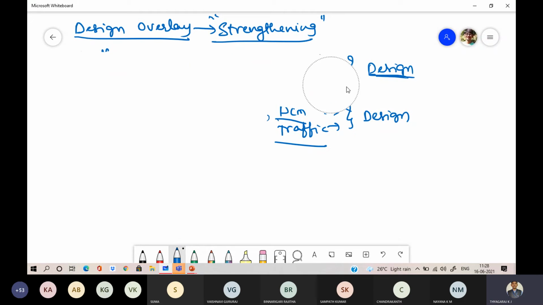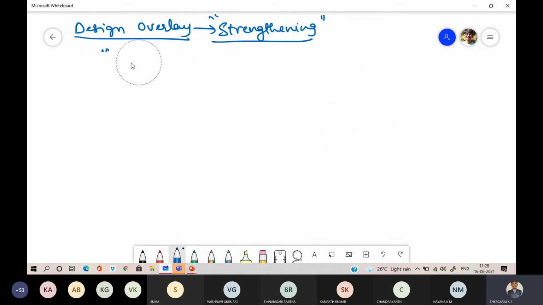Now we'll go for the problem. What are the data given? Kindly tell me. What is the deflection value given? 2.20 mm is given.